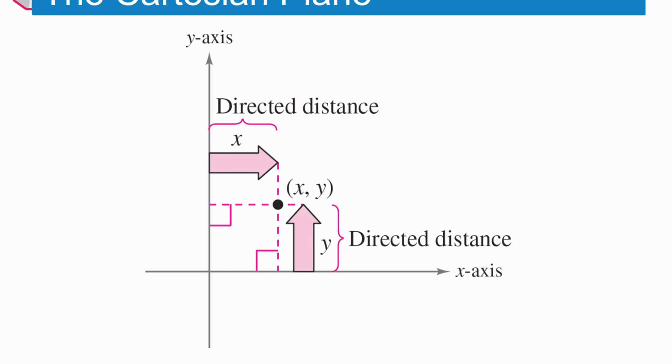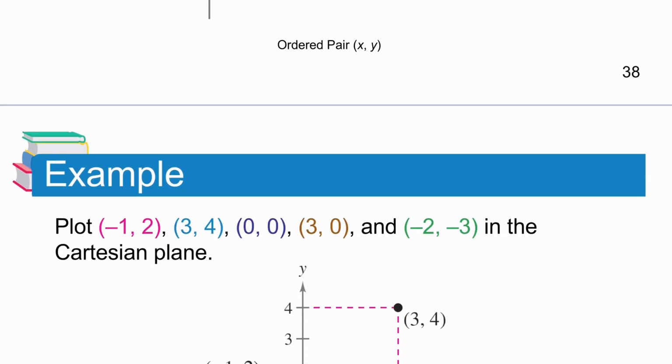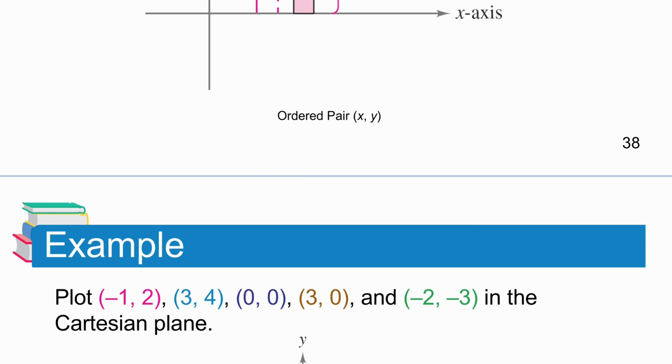Let's look at actual numbers though, because it'll all make so much more sense when we look at actual numbers. So what we're going to do is plot negative 1, 2, and then plot positive 3, 4. We're going to plot the origin. We're going to plot 3, 0, and we're going to plot negative 2, negative 3.